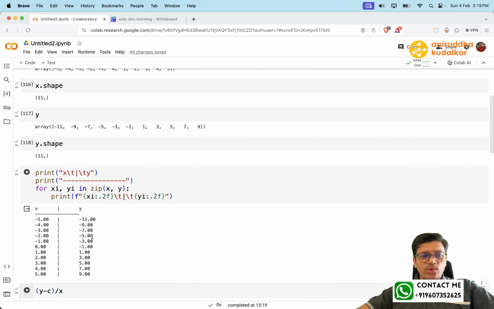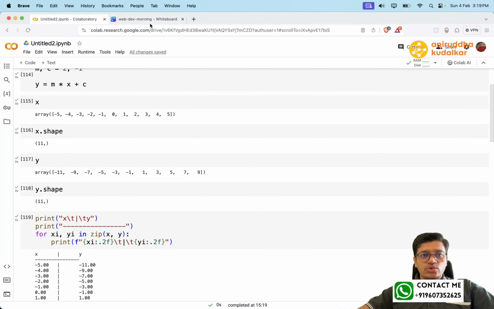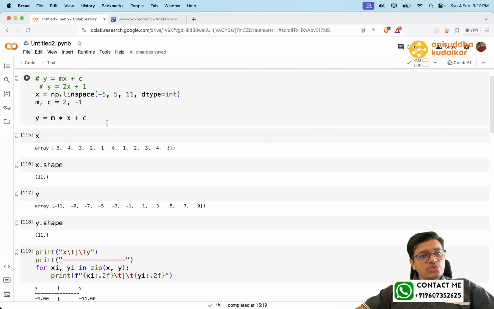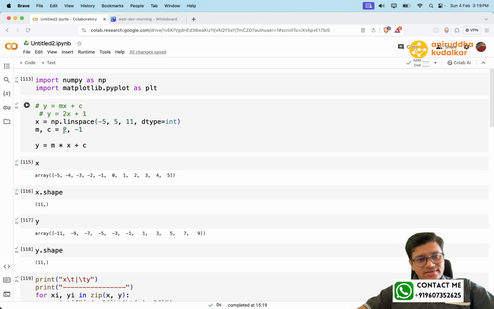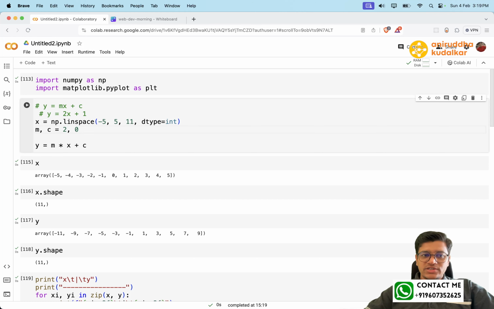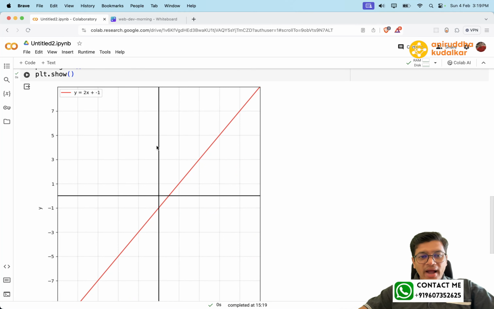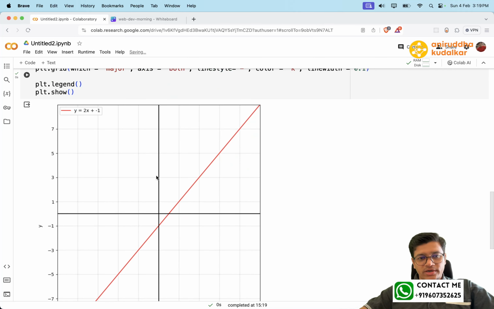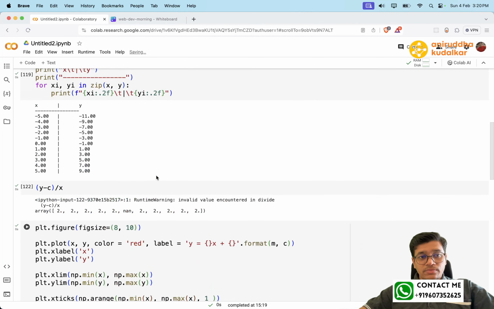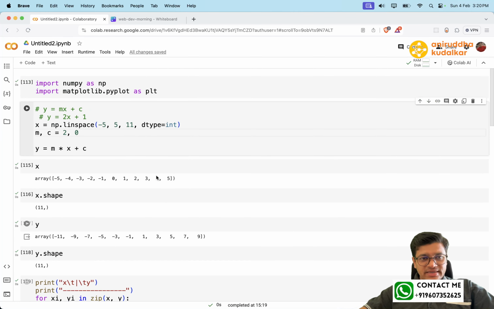What I want to do is make this y-intercept 0. Right? Y-intercept 0 means what? Can you tell me? Write it in the comment box. If a line's y-intercept is 0, it means what? So here you can say I have made this c as 0.